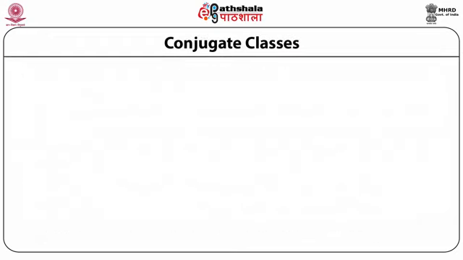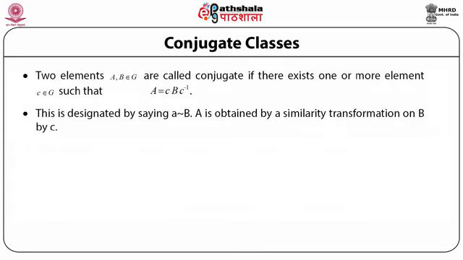We will now define conjugate elements and conjugacy classes. Consider two elements A and B belonging to the group G. They are called conjugate if there exists one or more elements C belonging to the group G such that A is equal to C B C inverse.